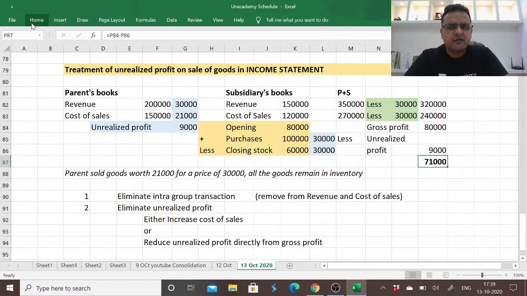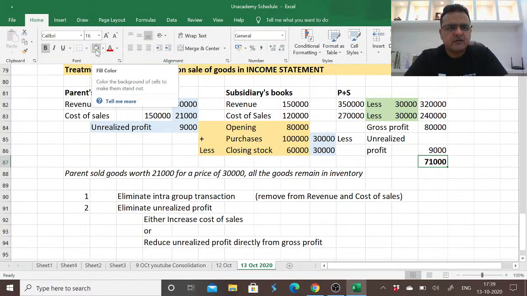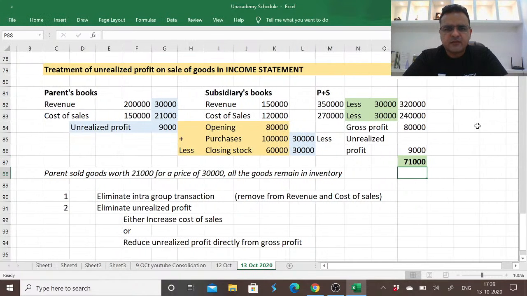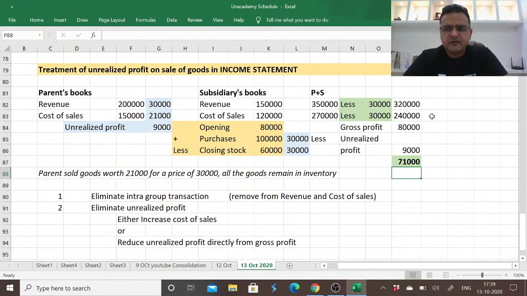This is the profit after adjustment. Or the other way is to increase the cost of sales by the unrealized profit, plus 9,000, then compare 3,20,000 with 249,000, arriving at gross profit of 320 minus 249, 71,000.